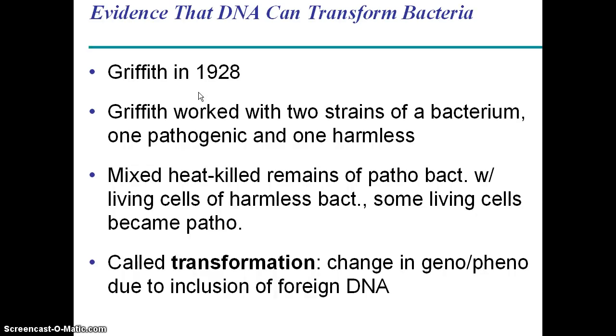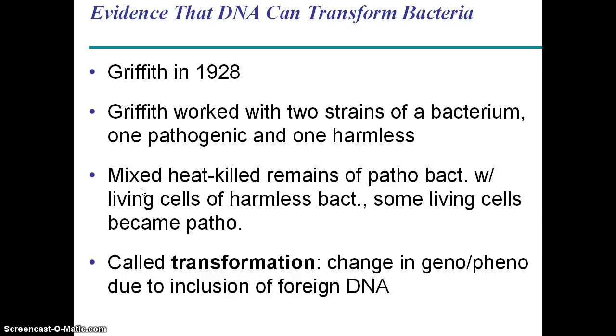Now, in 1928, the work of Griffith actually helped begin to point the arrow in the direction of DNA as being the hereditary molecule, because in his work, Griffith was actually able to transform bacteria. He took virulent or harmful heat-killed bacteria and mixed them with these non-virulent or harmless bacteria that were living.